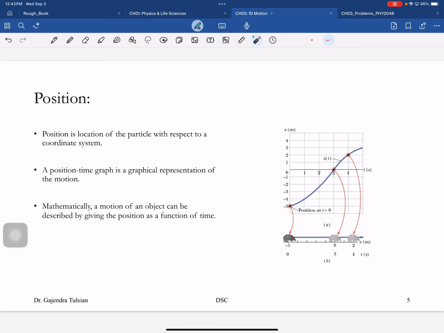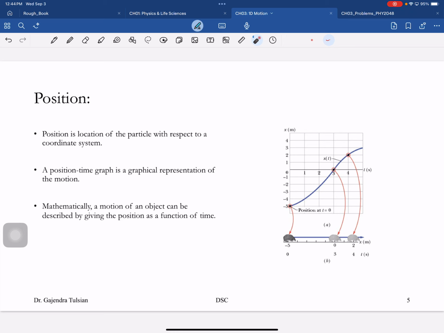So to describe motion, what do you have to do? You have to give the position of the object as a function of time, with reference to some coordinate system. For instance, your houses have addresses, and those addresses are with reference to some coordinate system.